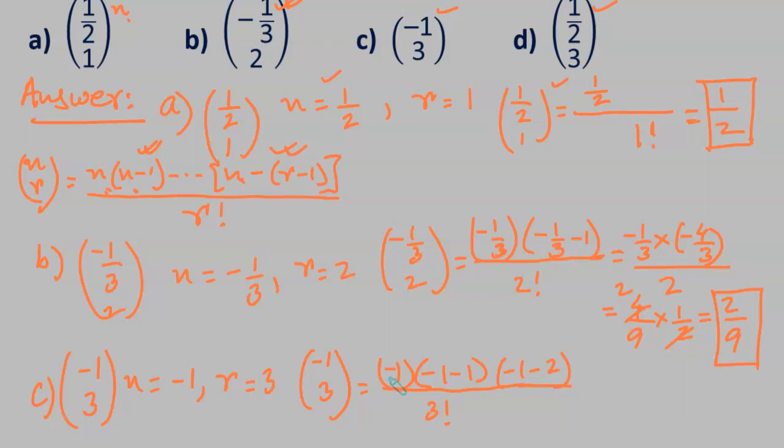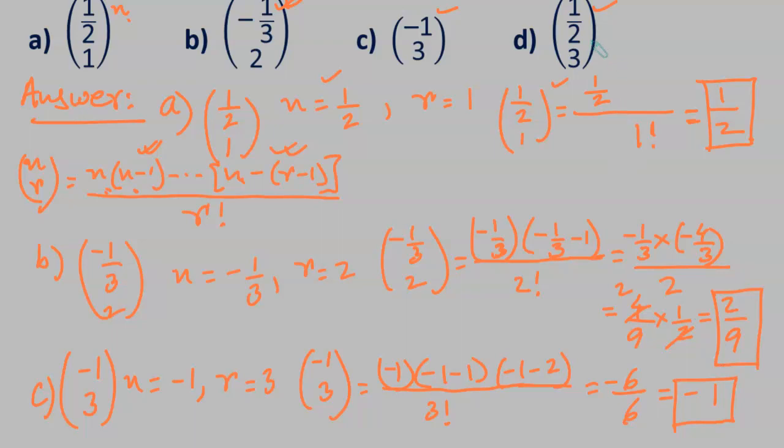And times minus 1, which is equal to minus 6. And 3 factorial is what? 3 factorial is 3 times 2 times 1, which is equal to plus 6. So this is equal to negative 6 over 6, which is equal to negative 1. Clear? So negative 1 C3 is equal to negative 1.